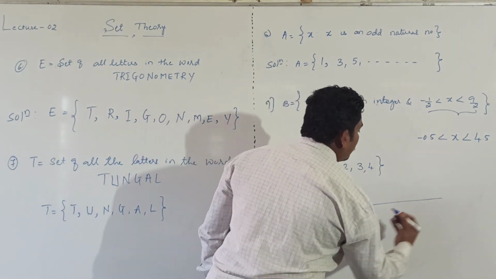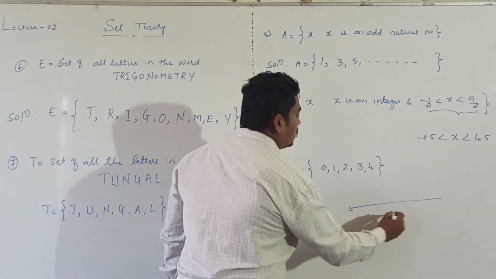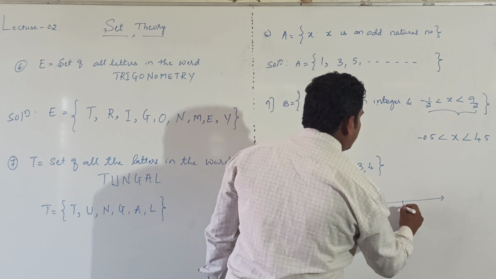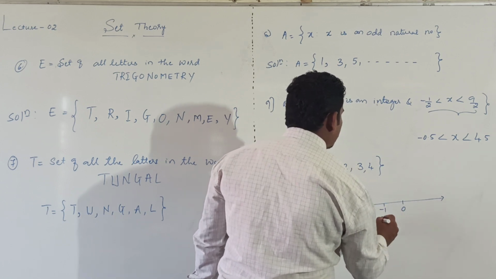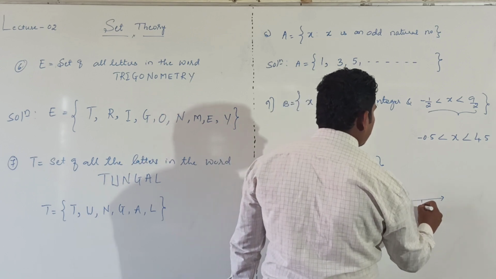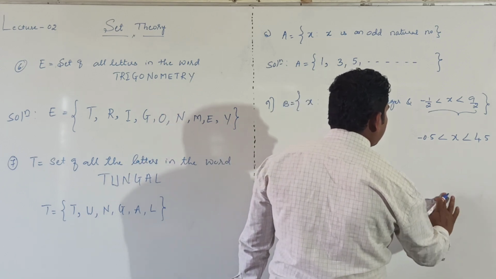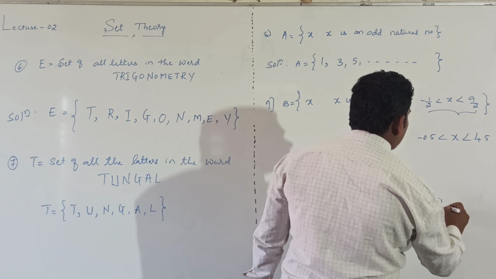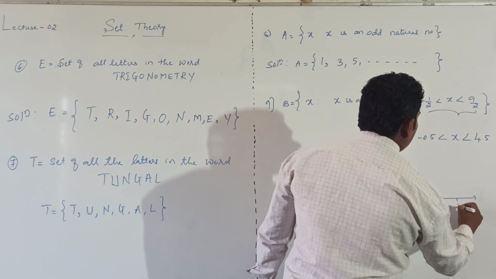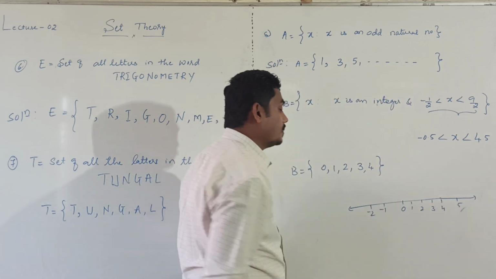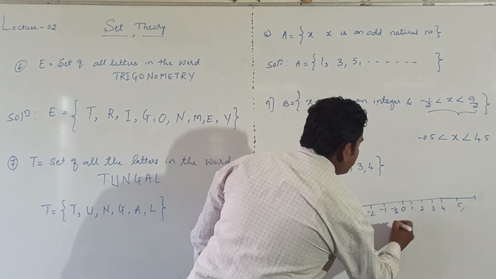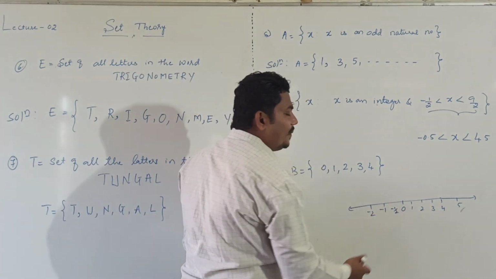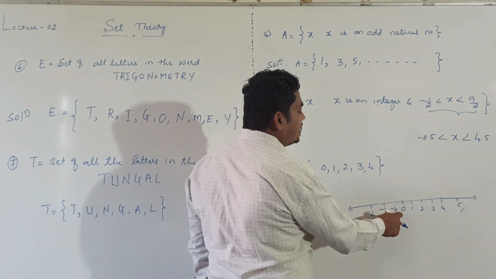If you take a number line, it is 0, here -1, -2 and so on, 1, 2, 3, 4, 5 and so on. Greater than means -1/2 is here. After -1/2 what is the integer? 0.